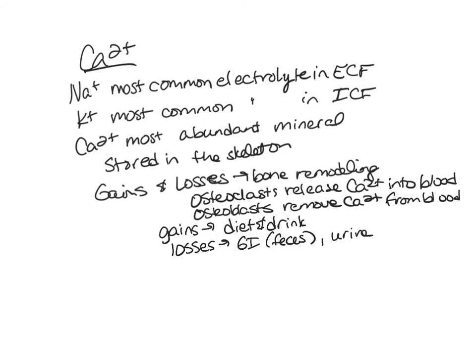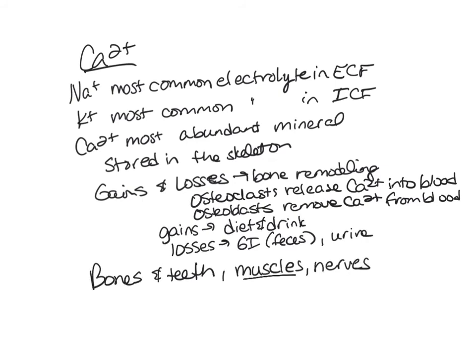Calcium has functions in the body to make your bones and your teeth strong. It also functions in muscles and nerves. We've already gone over all that physiology earlier in the year, how calcium is necessary for muscles and also how it's necessary for nerve conduction.